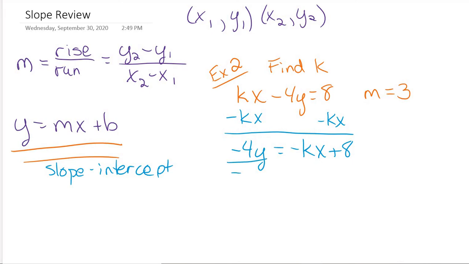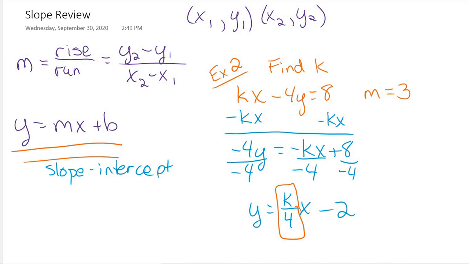And then I'm going to divide by a negative 4 all of the terms in the equation. The negatives become a positive. So I have k over 4 x and minus 2. All right, so step 1's done. Now I know that this is the slope and that it has to equal 3.